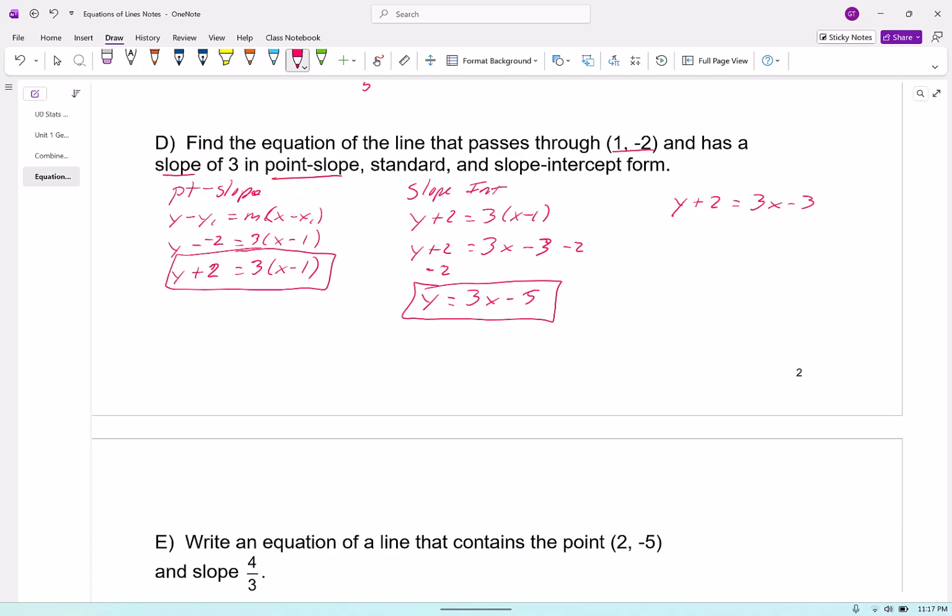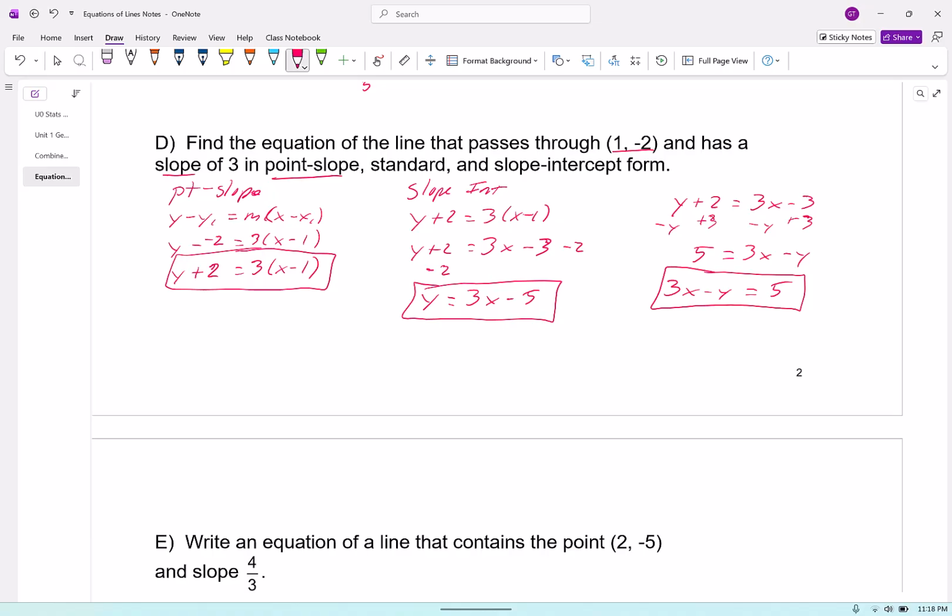I'm going to end up adding 3 to both sides. I'll subtract y from both sides, so I'm doing two at a time. So I can write it as 3x minus y equals 5. And that is my standard form.